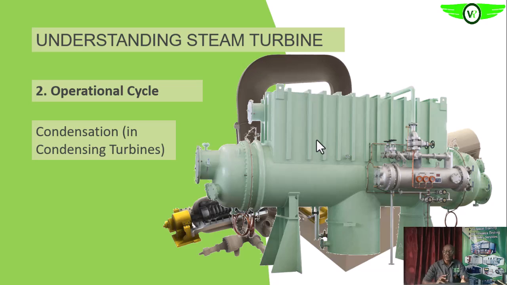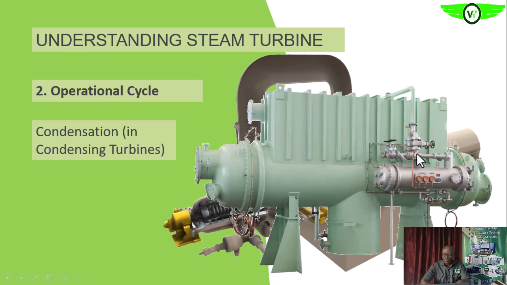So those non-condensable gases, if you don't remove them, okay, it will distort the vacuum. That is, it will break the vacuum of the condenser. And once the vacuum is broken, that will affect the efficiency, because it will cause the steam not to be flowing to the condenser at the rate at which it's supposed to flow.